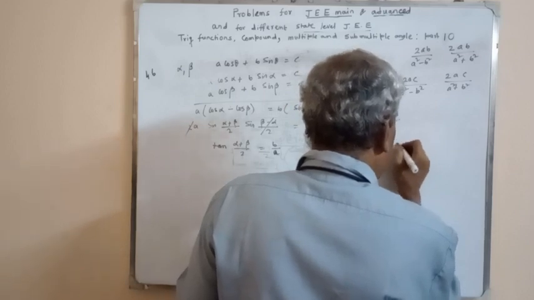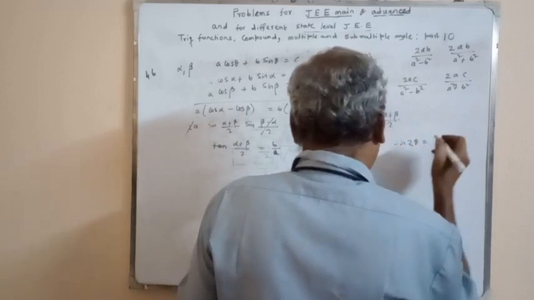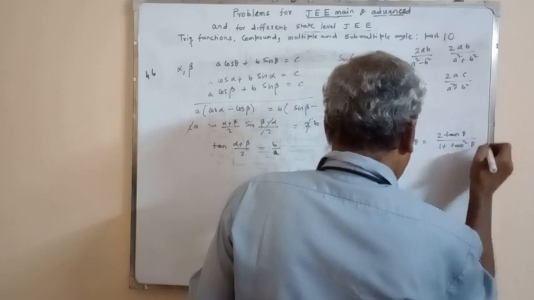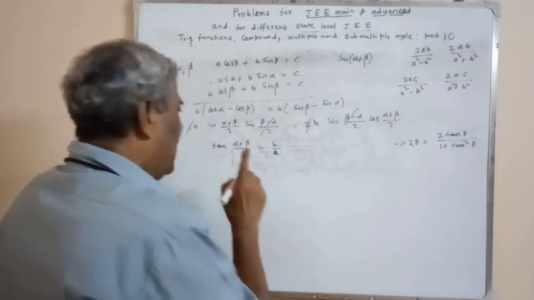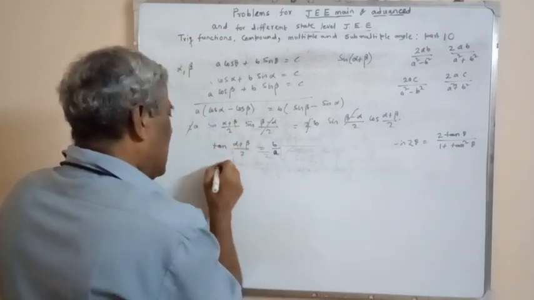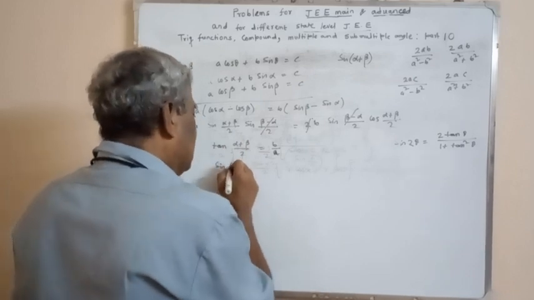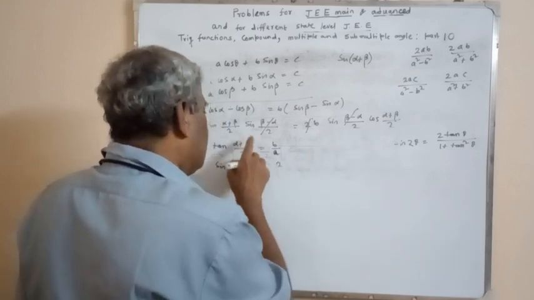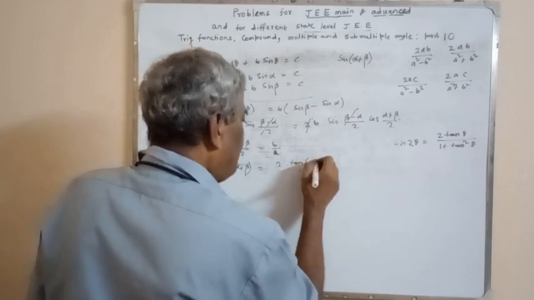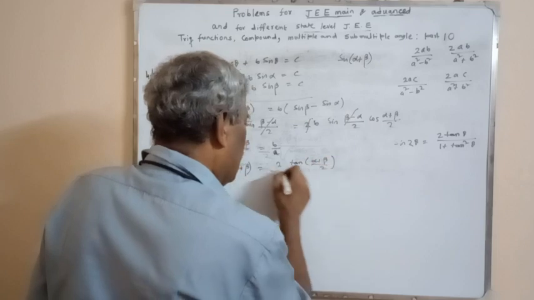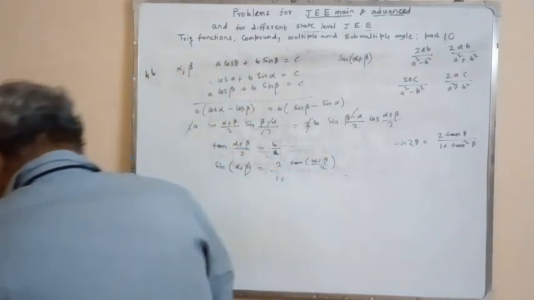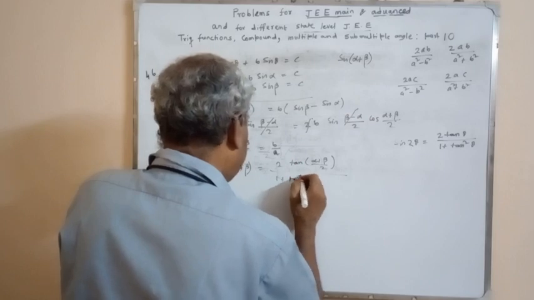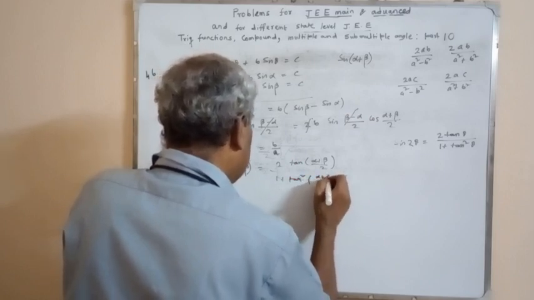We know that sine 2 theta is equal to 2 tan theta by 1 plus tan square theta. Standard formula. Now take this as theta. So sine of 2 theta, that is alpha plus beta, is equal to 2 tan of that by 1 plus tan square alpha plus beta by 2.